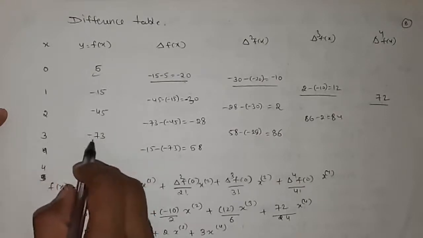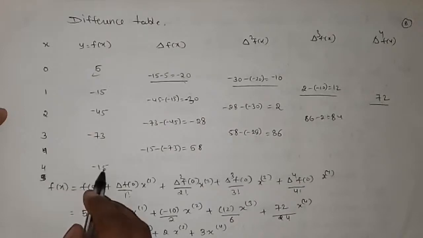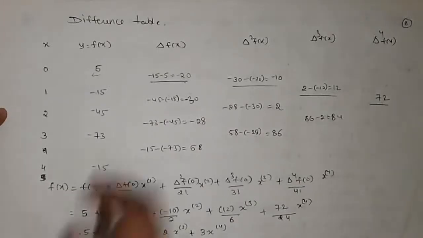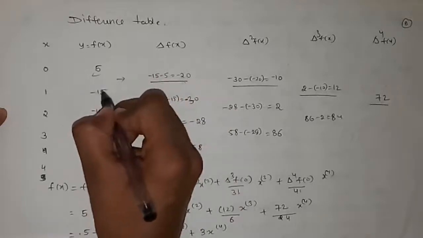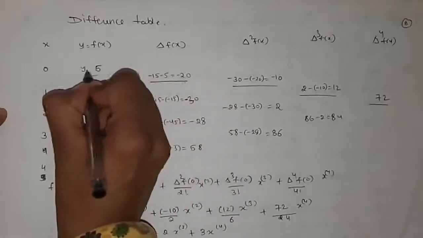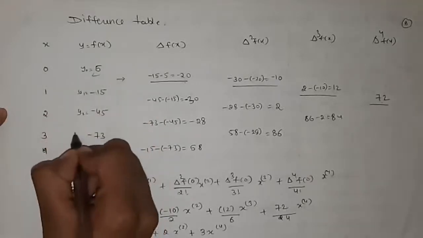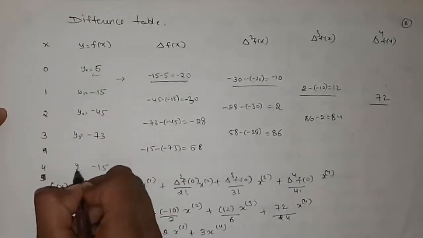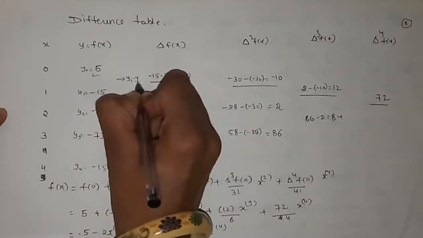For x equal to 3, it is minus 73. And for x equal to 4, it is minus 15. So we have to find the first difference. This is y0, y1, y2, y3, y4. So the first difference is y1 minus y0.